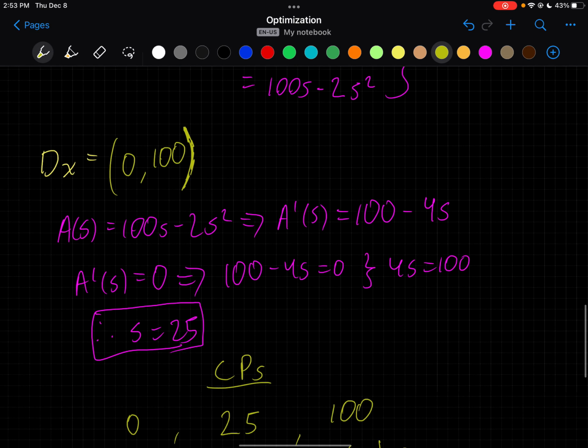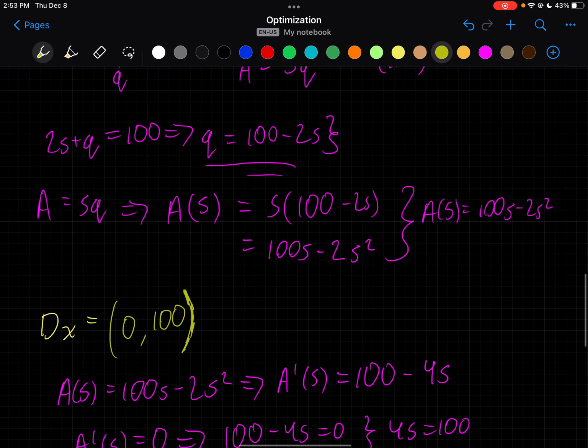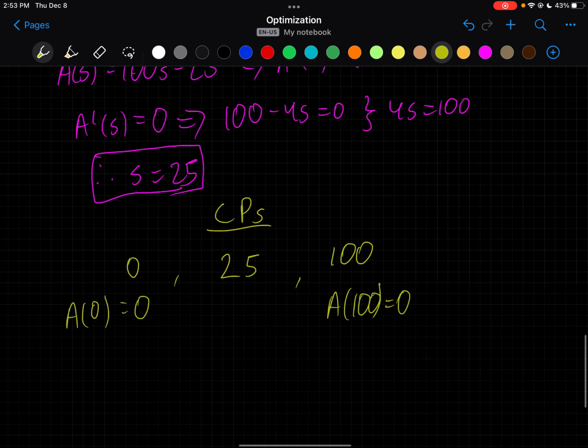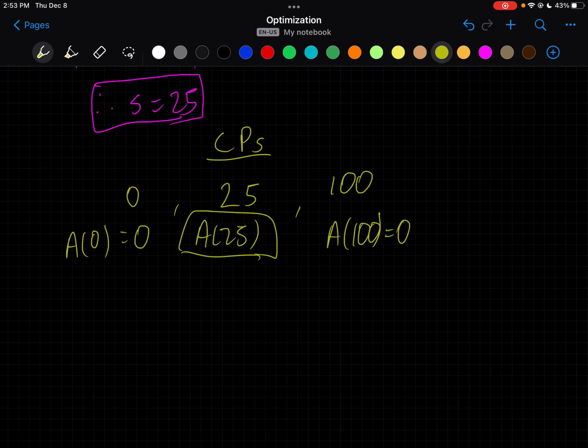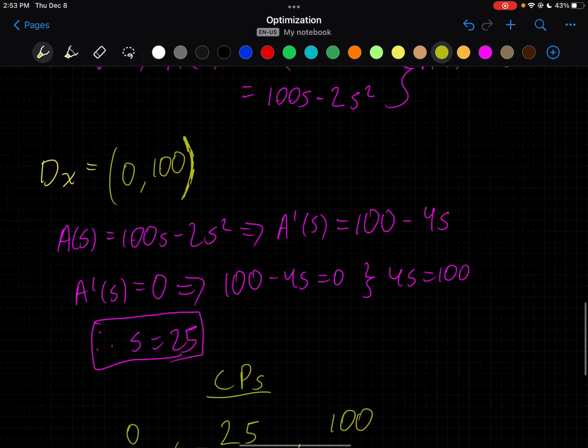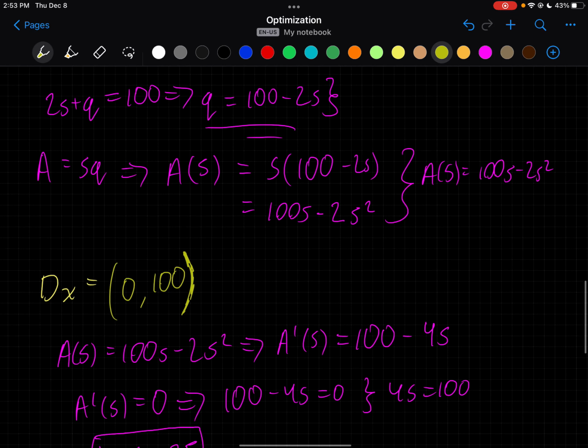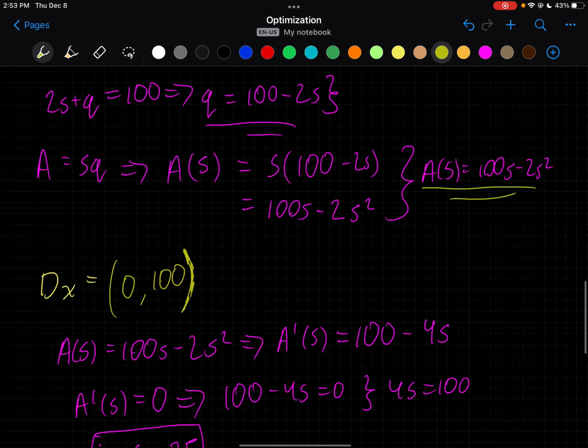And if s equals 100, well then q is going to be 0. So the area is still 0. Well, what if s equals 25? So A of 25. So these are going to be 0. That's obviously not optimized. So we have to pick this one. Well, first, let's find what it is. Let's use this equation right here.